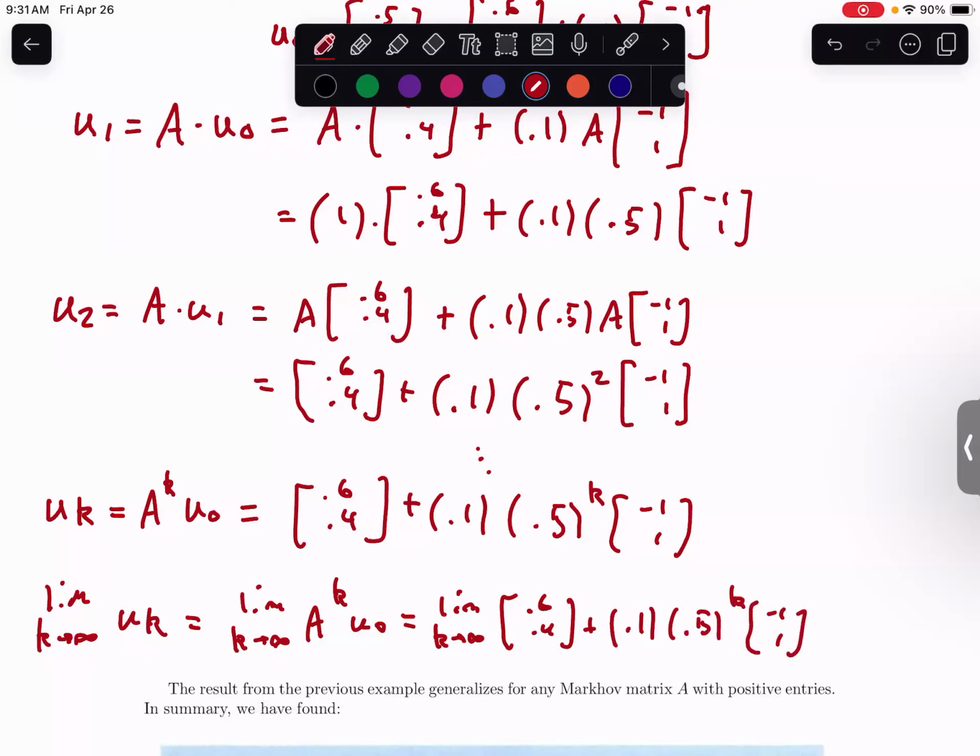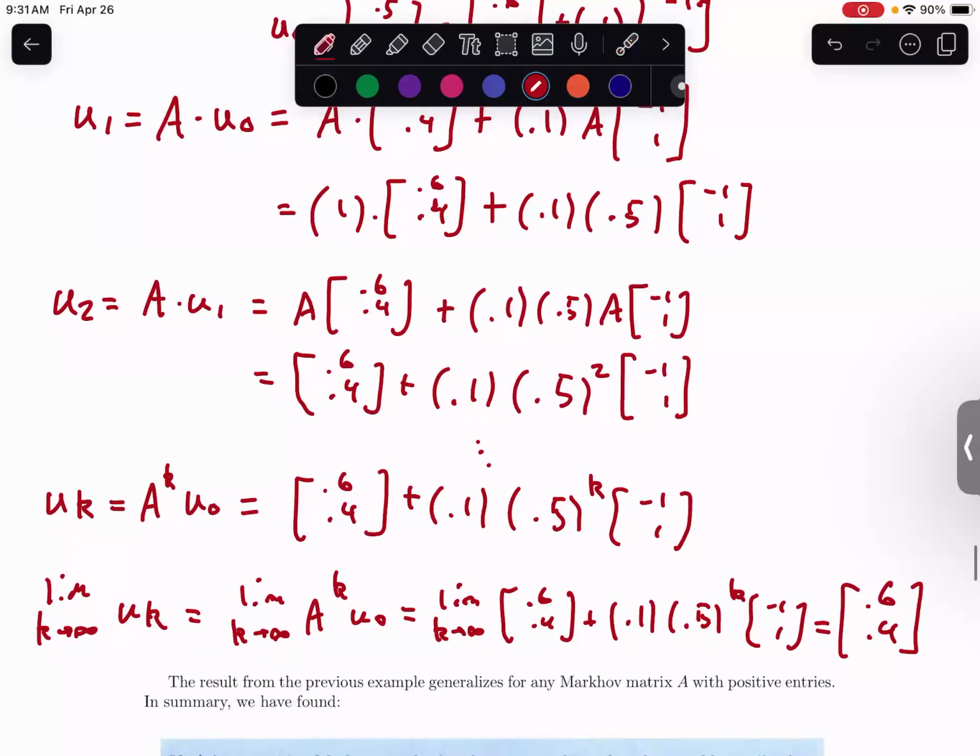And so the idea is the only time the k shows up is in this power of an eigenvalue that's less than 1. So as k goes to infinity, this whole term is going to go to 0. And so you're just going to be left with 0.6, 0.4, which is the eigenvector, again, of lambda equal to 1.